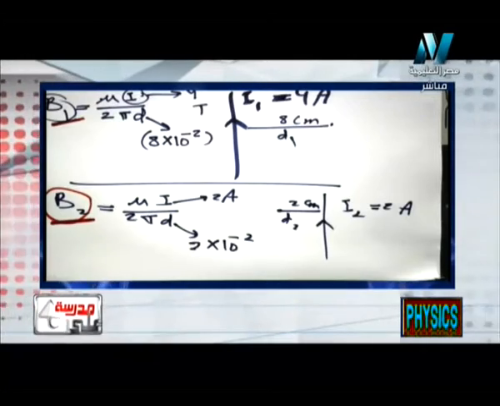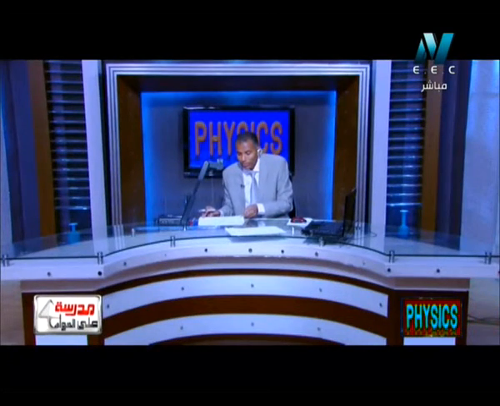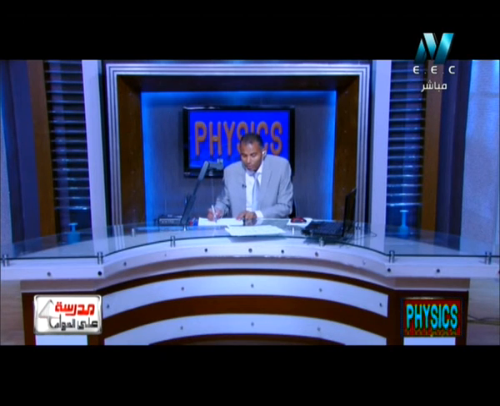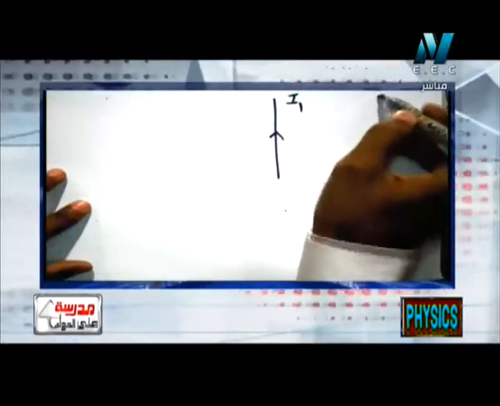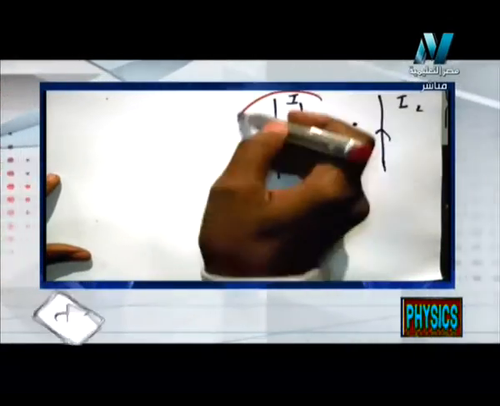This is the main point of solving our problem. Then the next step is at the midpoint between I1 and I2, this is a point here. We can draw the flux as we know, like this.